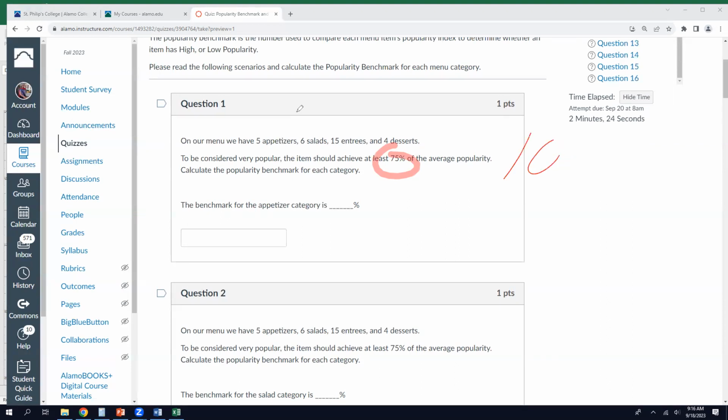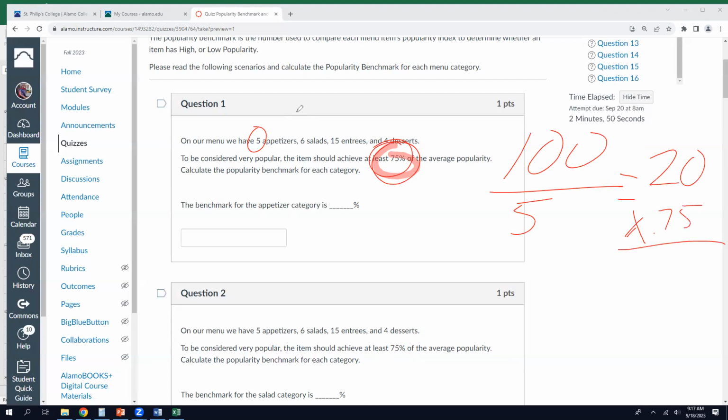we have to take 100, divide by the number of items on the menu. So in this case, for the appetizers it is 5. What is 100 divided by 5? 20. 100 divided by 5 is 20. And then we have to multiply by this percentage that's given. So what is 20 times 0.75? 15.